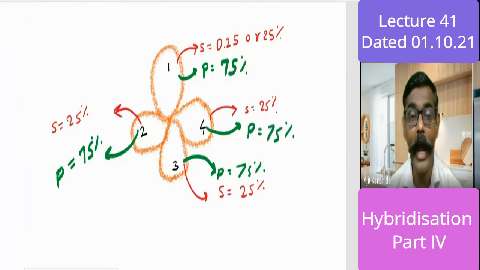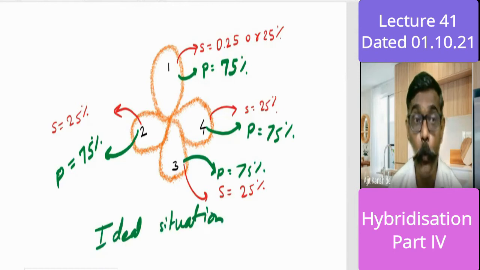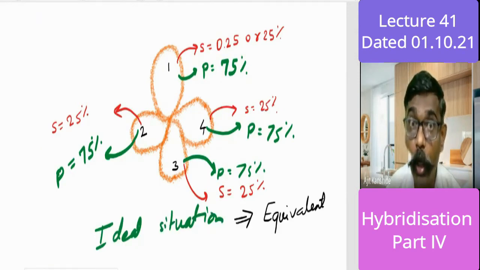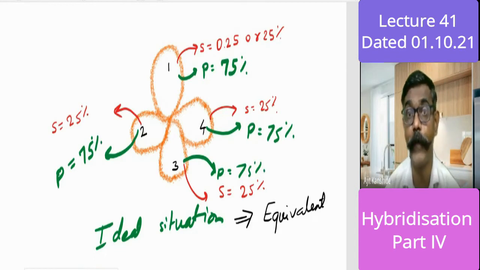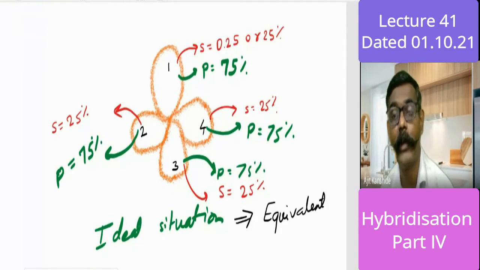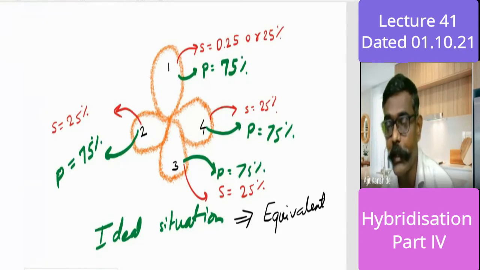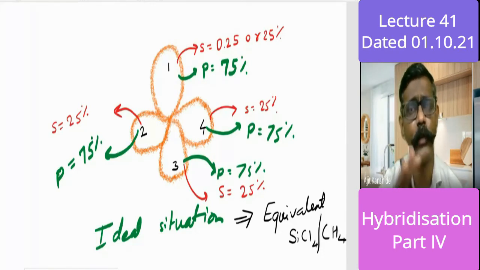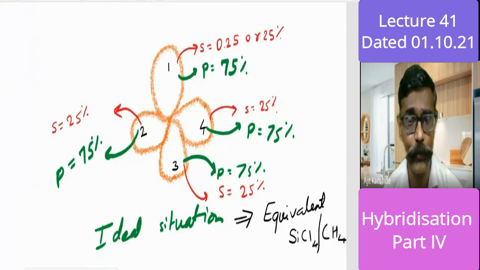It is the ideal situation when all orbitals are equivalent, or orientation is equivalent, or the atoms surrounding are equivalent. Means if I consider SiCl4 or as you say CH4, these are the uniform conditions. About that I have no question.